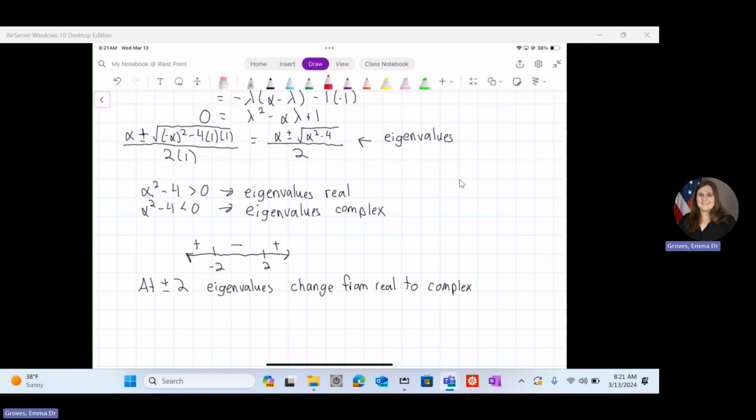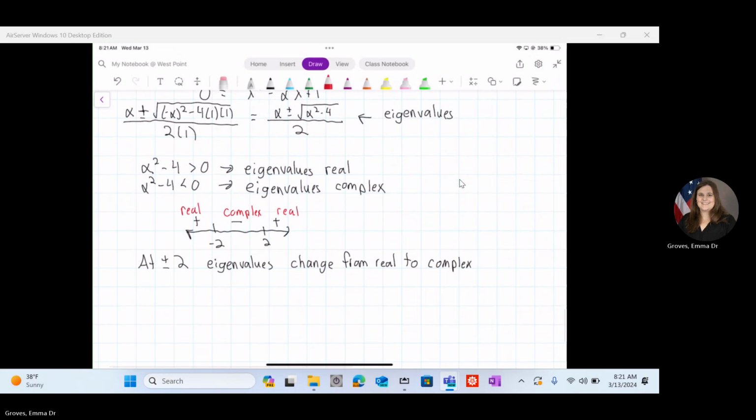So in this section, they would be complex, and then they would be real at less than -2 and real at greater than 2. So this point is called a bifurcation value.